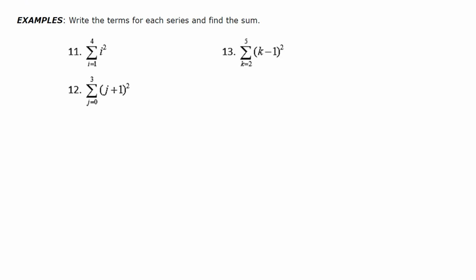All right, let's do a couple more. So here we're asked to write the terms of each series and find the sum. Okay, so we're continuing on from the previous couple of problems. Let's do number 11. So our summation expression we're adding together is i squared.